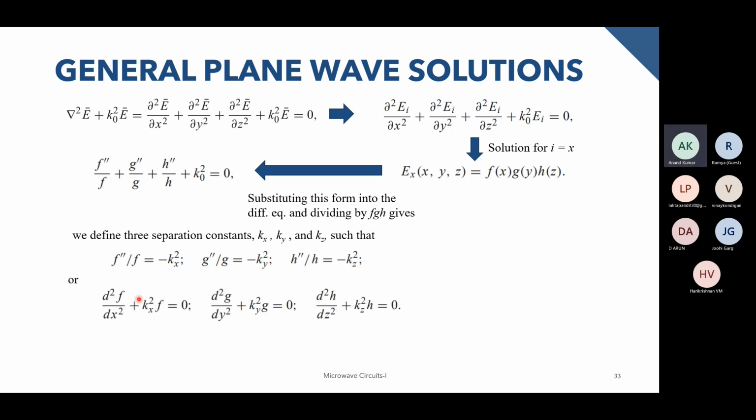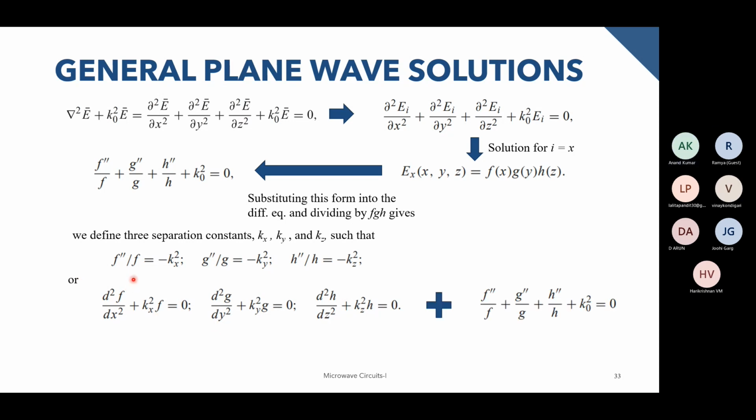Or we could write them like this: the second derivative of f with respect to x plus kx square times f equals 0, and similarly for g and h.